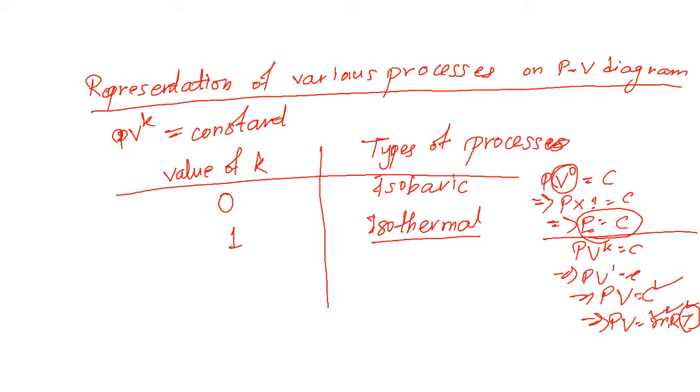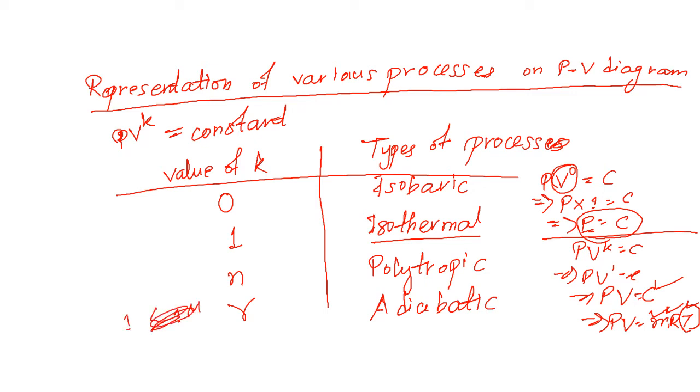When K equal to n, it is a polytropic process, which we have already discussed. n means polytropic process, gamma means adiabatic. The gamma value is 1 to 1.4; normally we take 1.4. The n value is normally 1 to 1.6.